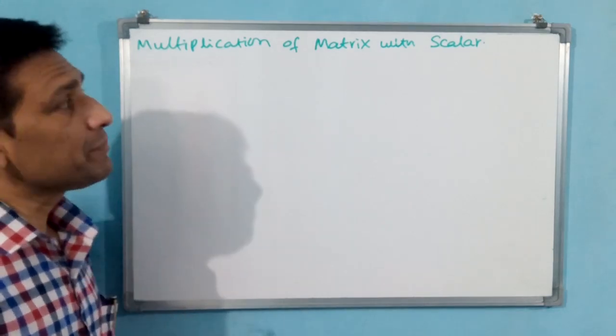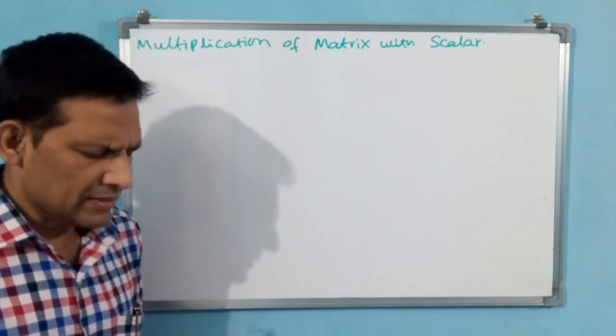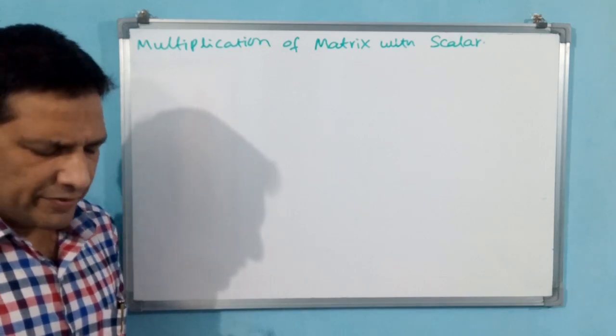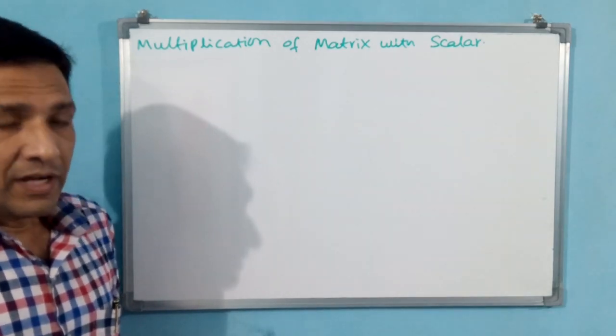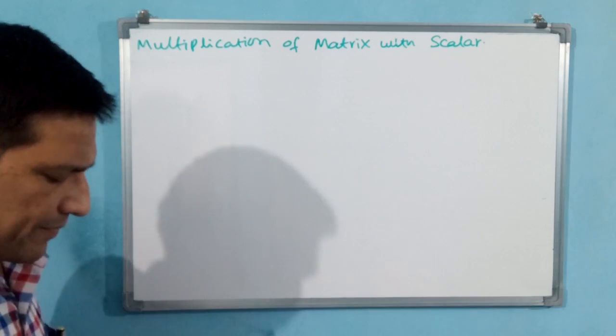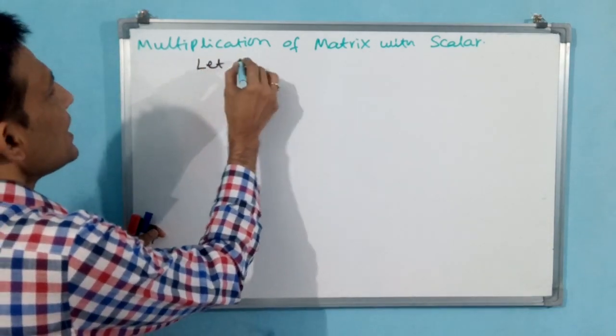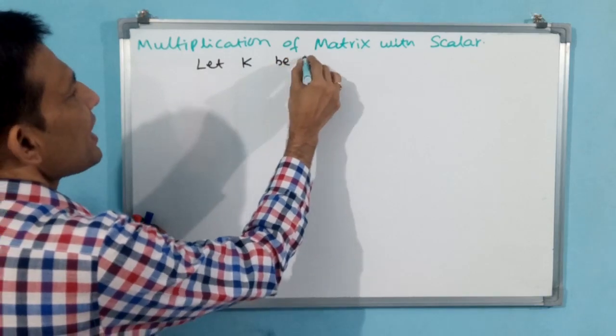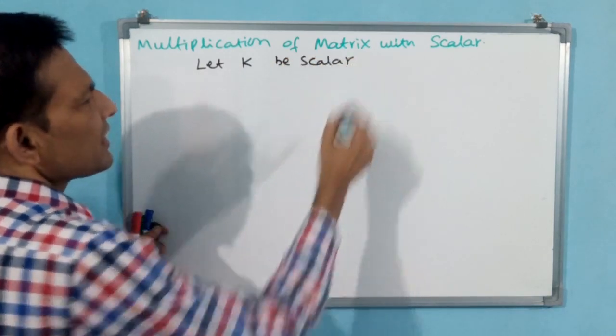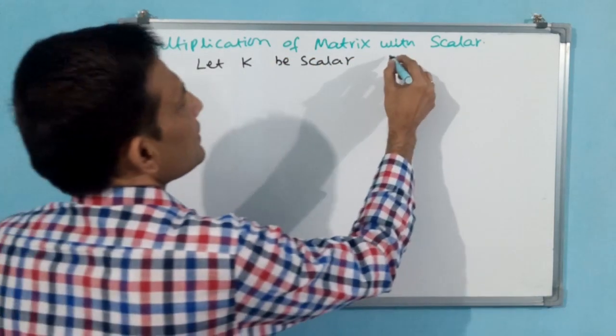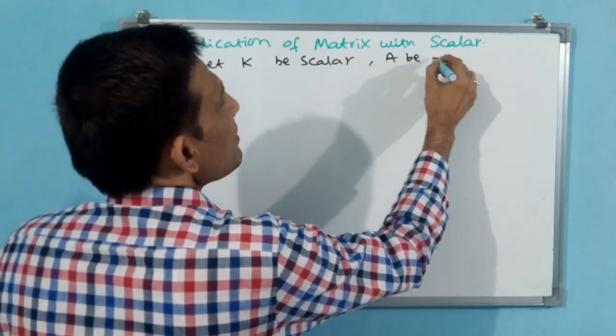Okay, you see, multiplication of matrix by a scalar or with scalar, whatever it may be. Let you take scalar as k. Let k be scalar. Scalar means constant. Comma, A be matrix.